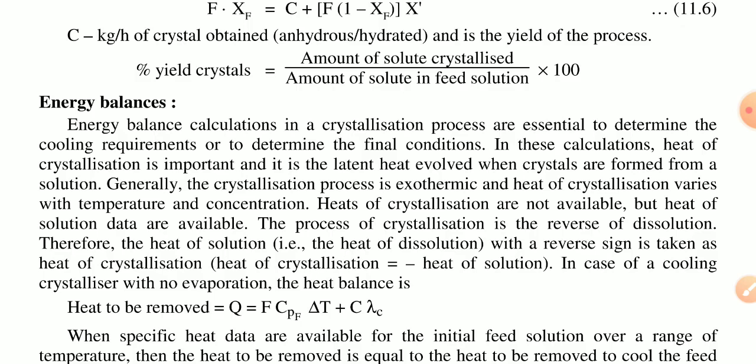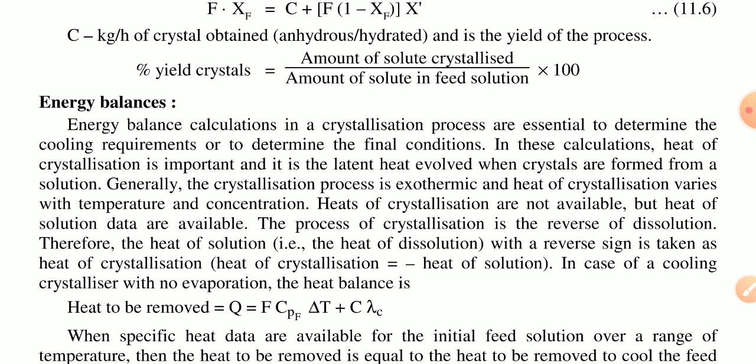Often the heat of crystallization is not available but the heat of solution data are available. The process of crystallization is the reverse of dissolution. Therefore, the heat of solution or heat of dissolution with the sign reversed is taken as the heat of crystallization: the heat of crystallization is equal to minus the heat of solution.